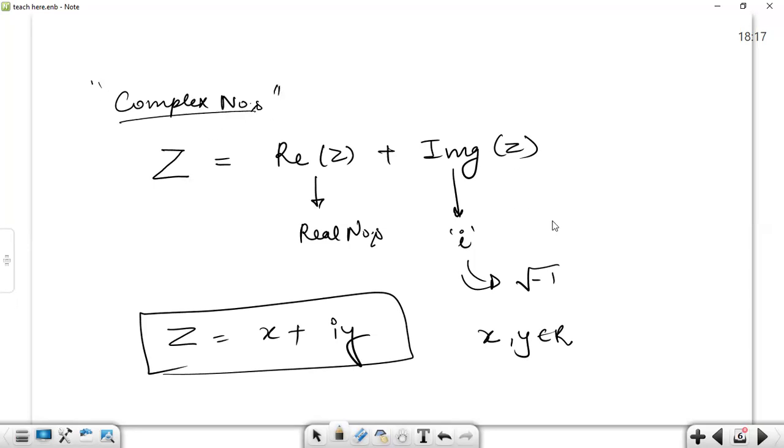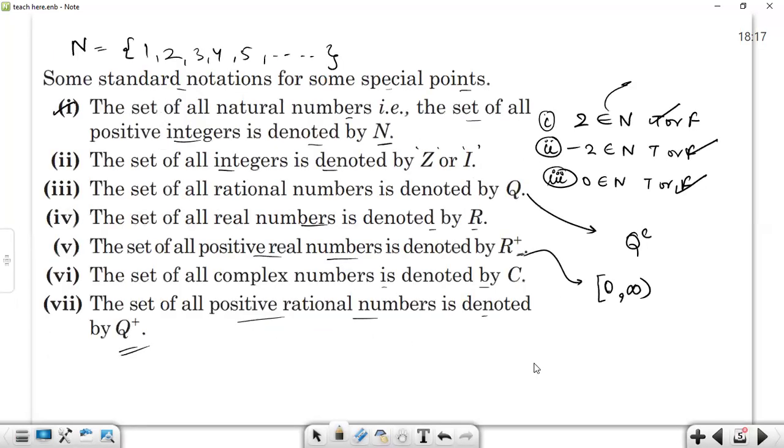Understood? Do you have a rough idea of what a complex number is? Yes, sir. Yeah. Any doubt? Clear everything? Clear, sir. Yeah. Please read all these by yourself and tell me.